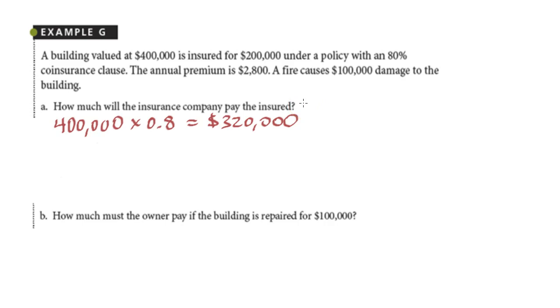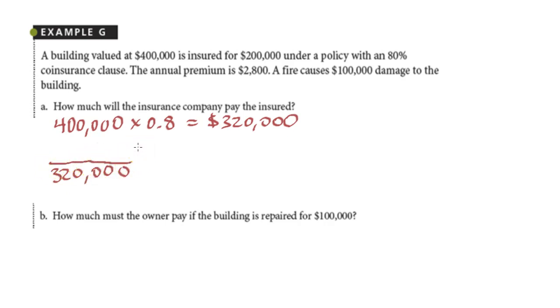So this is the insurance required. And you'll notice in step 2 that the insurance required is on the denominator of that formula. So we have $320,000 on the denominator, on the bottom of the fraction.